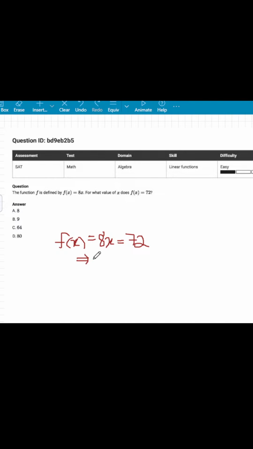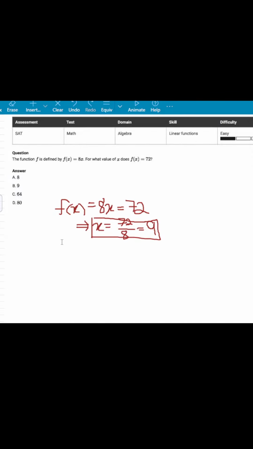So we just have to find the value of x. So x is equal to 72 divided by 8, which is 9. So this is the correct answer. So the answer is 9. So the correct option is B.